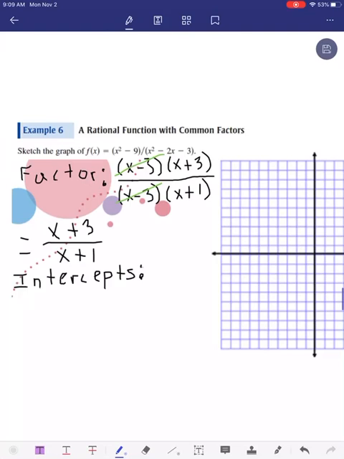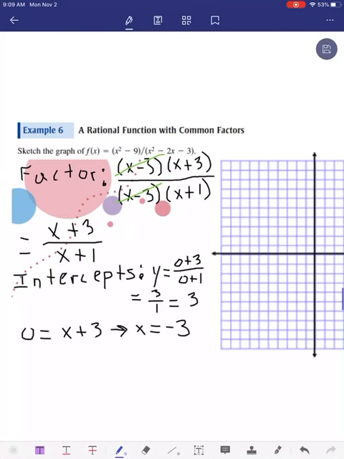So remember, for our y, we're going to plug in 0. For our x, we get 3 divided by 1, which gives us 3. For our x-intercepts, we're going to set the numerator equal to 0, which is going to give us x equals -3.